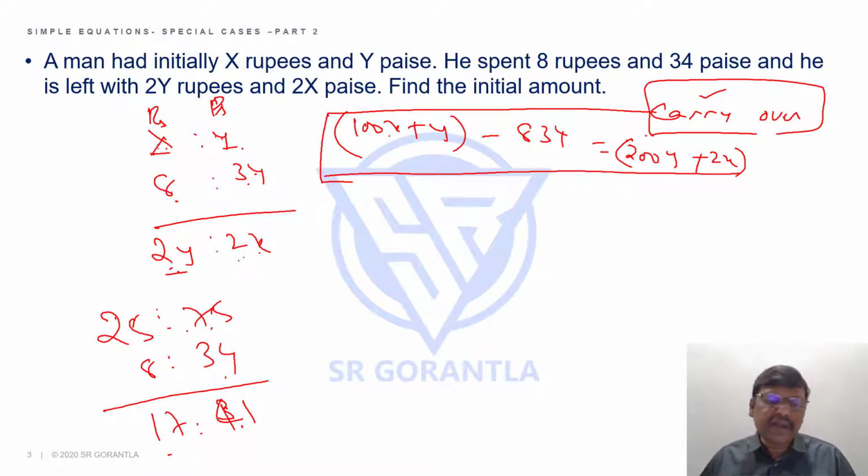So 17 rupees 41 paise is left. What I'm doing is paise minus paise, rupees minus rupees. Similarly, this is y paise, this is 34 paise.